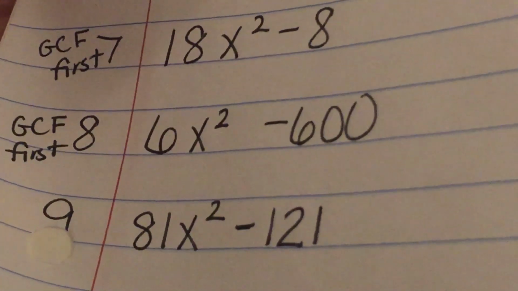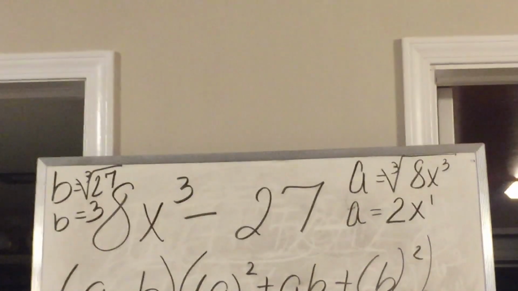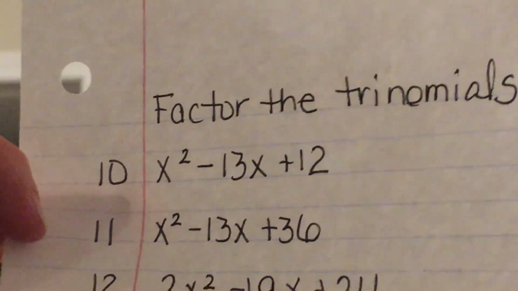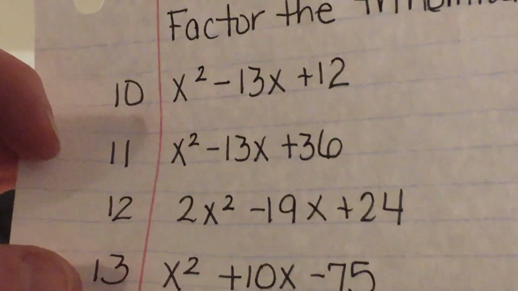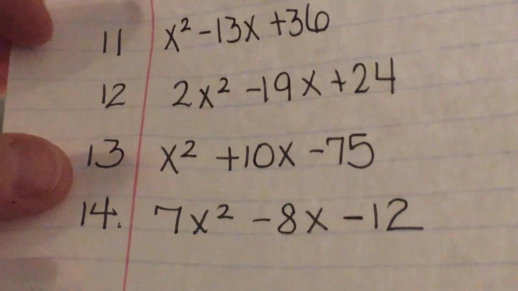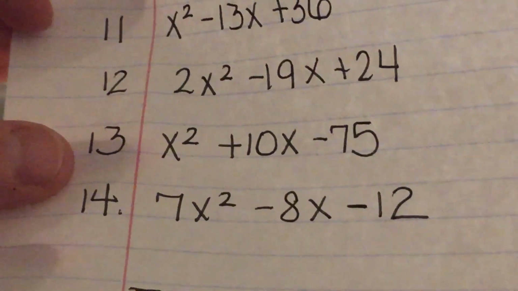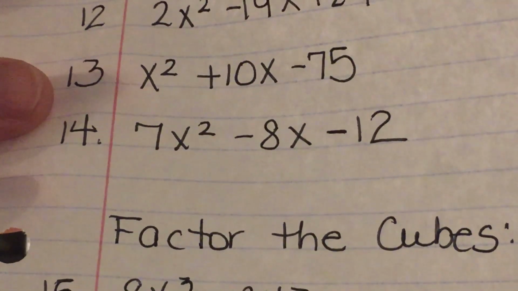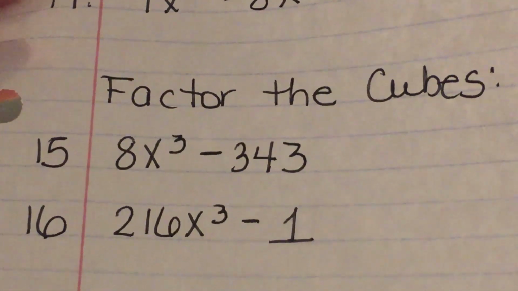All right, and then there's a second page, and then it says factor the trinomials. 10, 11, 12, 13, 14. Factor the cubes. Oh, I only give you 2 of them.